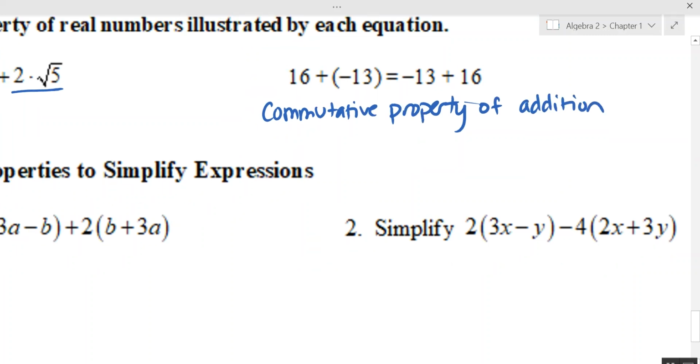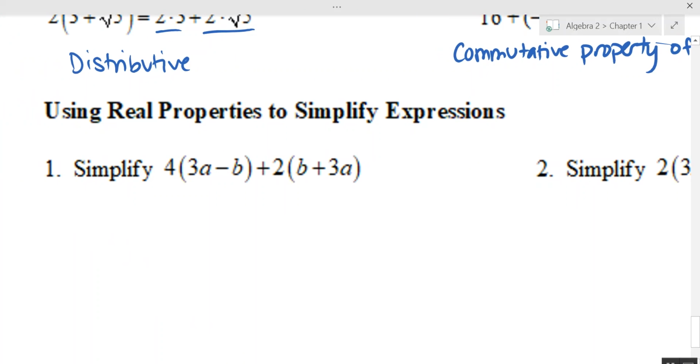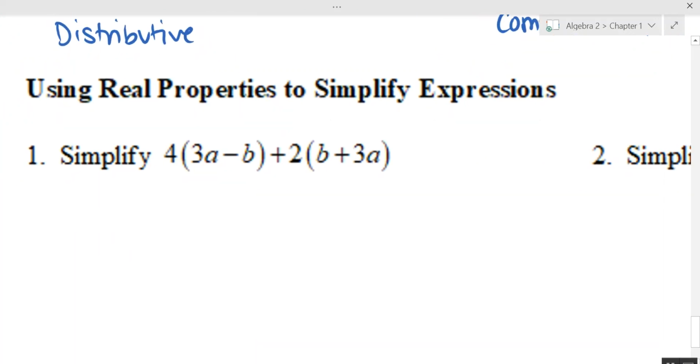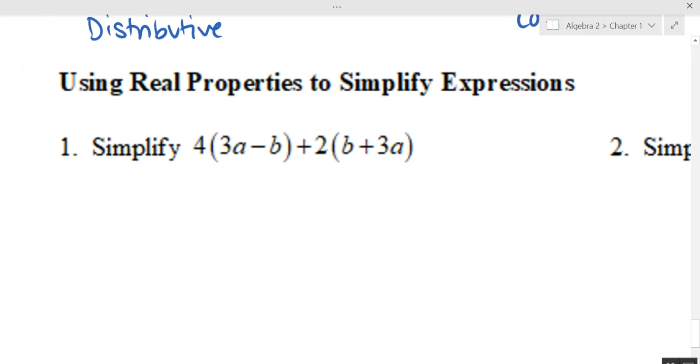All right, last few questions on this page. First one, it says to simplify these two expressions, we're going to distribute here. 4 times 3a is 12a. So we distributed that. We're going to also multiply it there. I get negative 4b plus 2b. And 2 times 3a would be 6a.